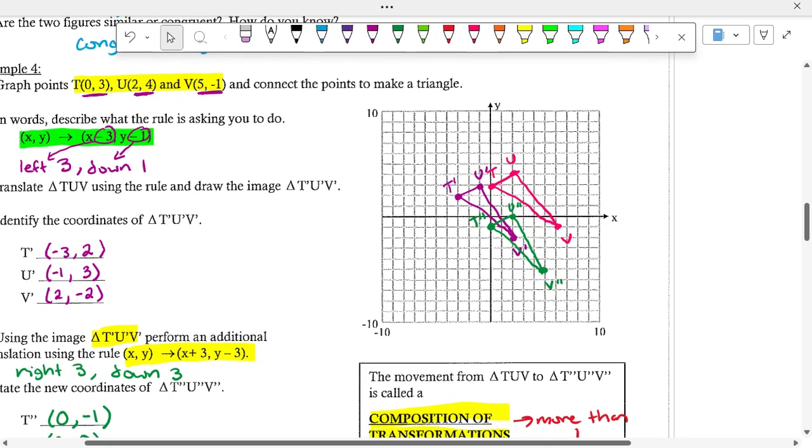So let's pick a point. Let's say V. How did I get from V to V double prime? What do I do? So we're going to go down 1, 2, 3, 4, and then what? Left 1.